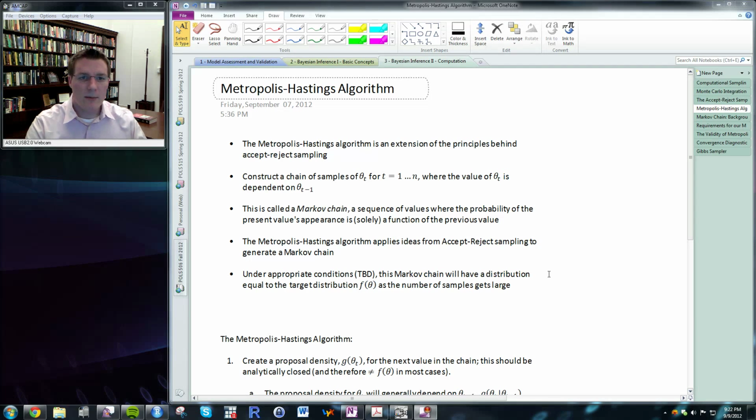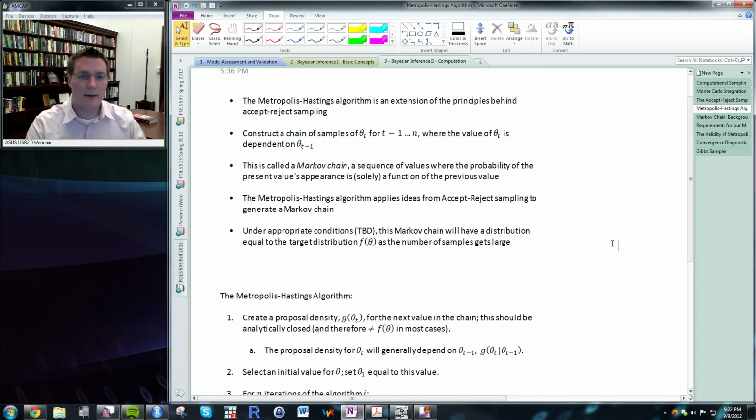So the Metropolis Hastings algorithm is a way of building a chain of samples, theta t, out of some target density, f of theta. And the chain of thetas is linked to each other member of the chain only through its immediate neighbors.